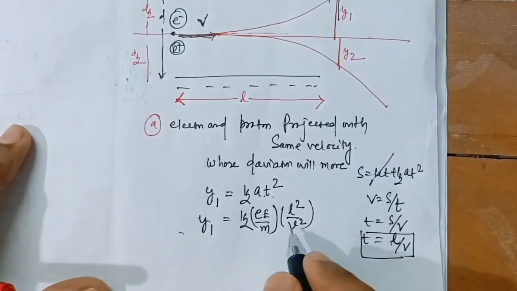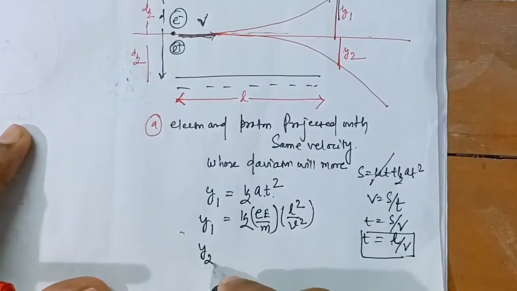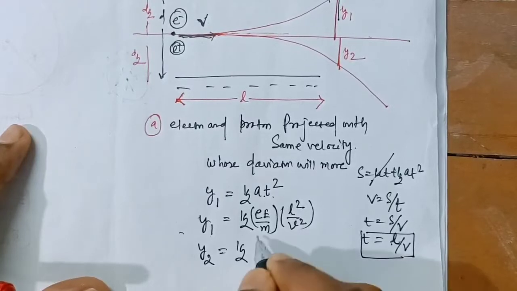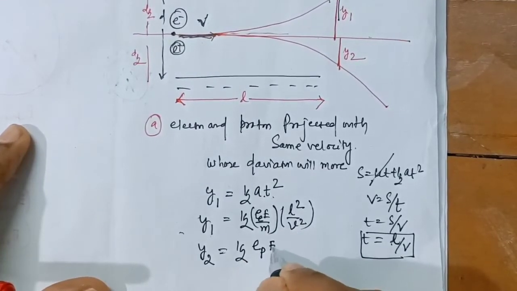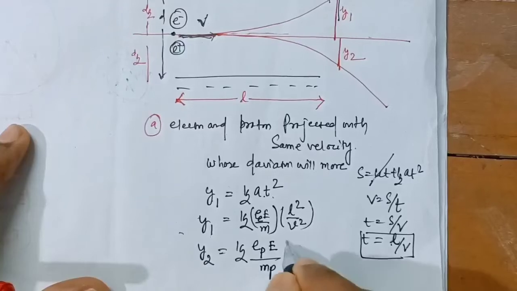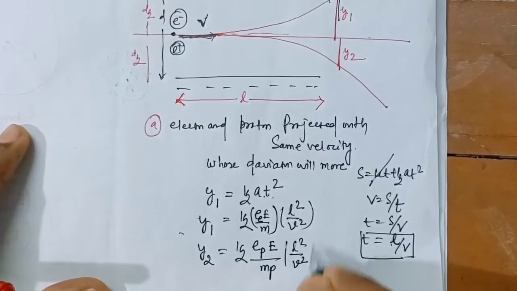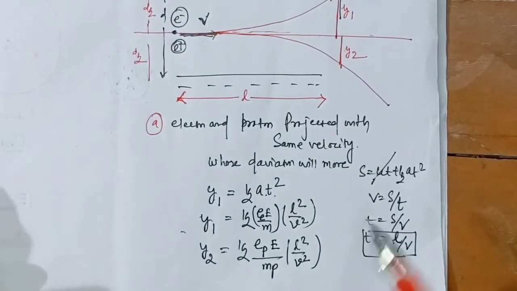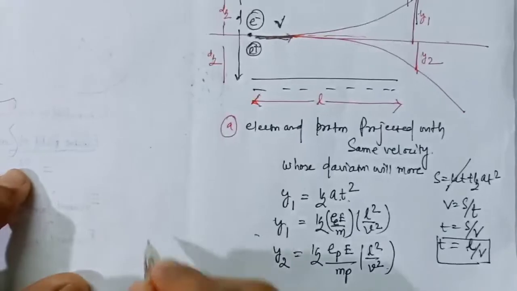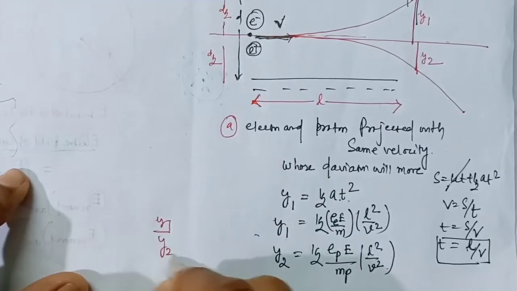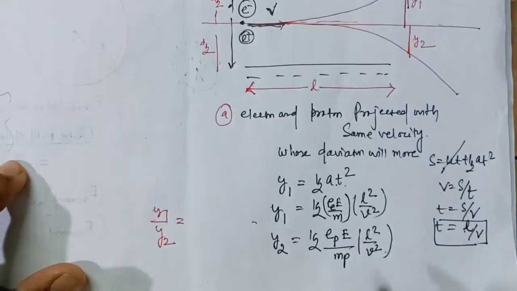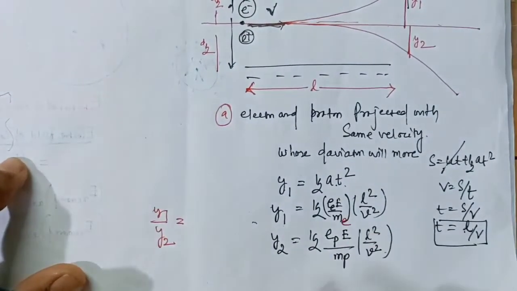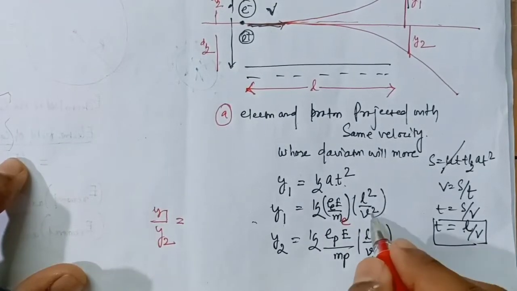Similarly, y2 is, if I think about the proton, this is the electron and this is the proton: half, electric field, mass of proton, L square by v square. I already said both have the same velocity. If I make a ratio of y1 by y2, what will come out? Everything will cancel out because of the same velocity.